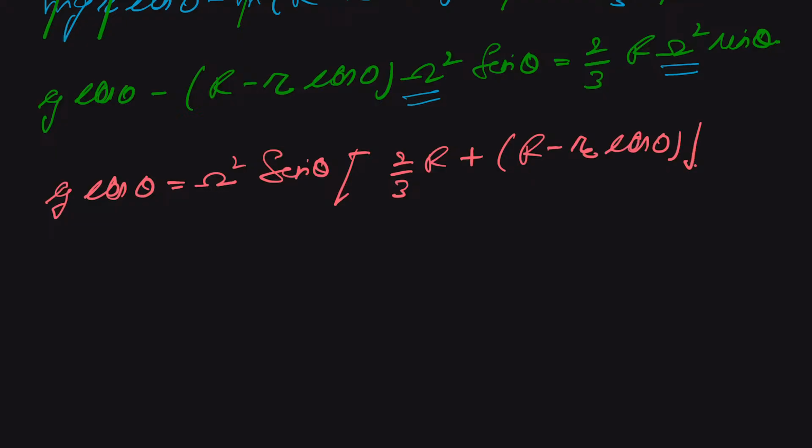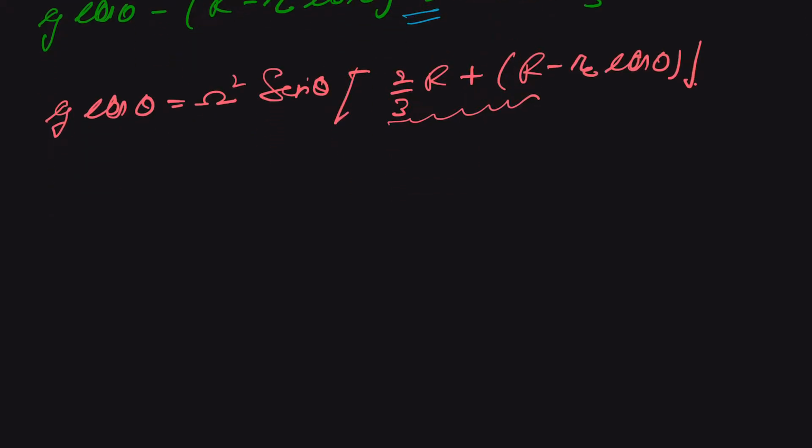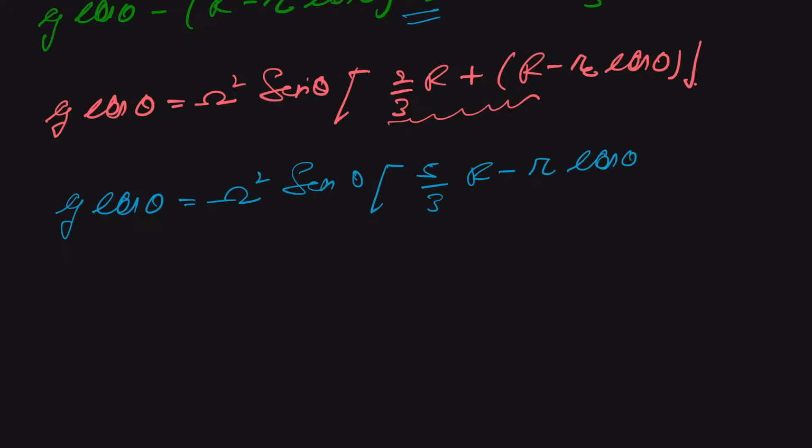And so we can further add these two terms. So this will be coming as 5. Okay, therefore we can write that our g cos of theta is equal to omega square sine of theta, and we get this as our 5 by 3 R minus r cos of theta.